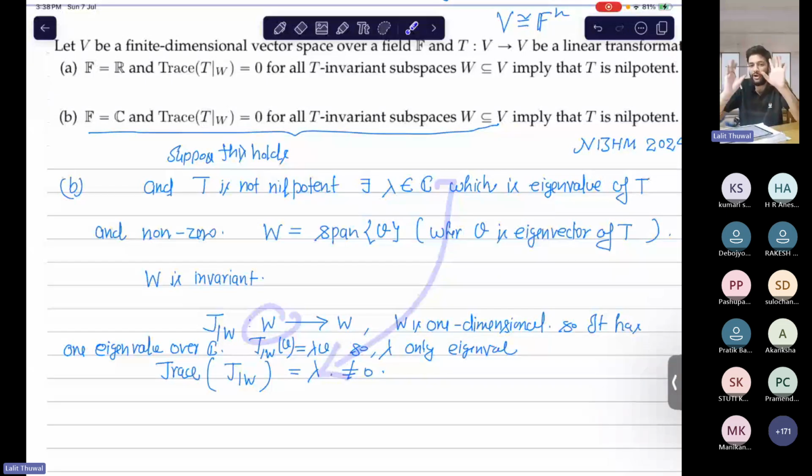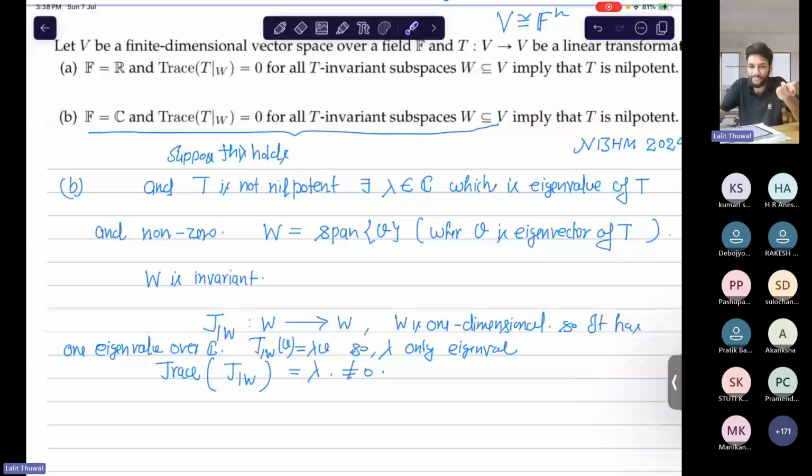So what do we have? We took T to be non-nilpotent, so we get a non-zero eigenvalue. With the help of that, we have generated a T-invariant subspace. When T is restricted to that space, its trace is not going to be zero.